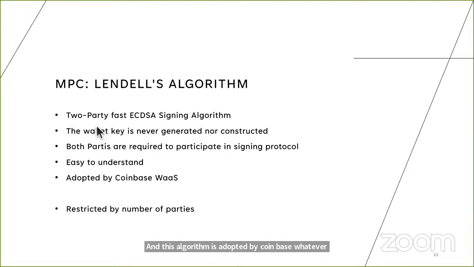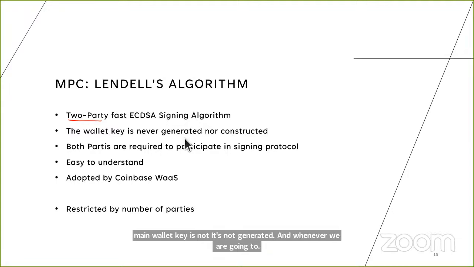The algorithm is based on the two-party fast ECDSA signing algorithm, so it is limited to only 2 parties. The wallet key is never generated nor reconstructed. That means that through generation of the private key, the main wallet key itself is not generated. And whenever we sign a message, we don't need to reconstruct the private key.